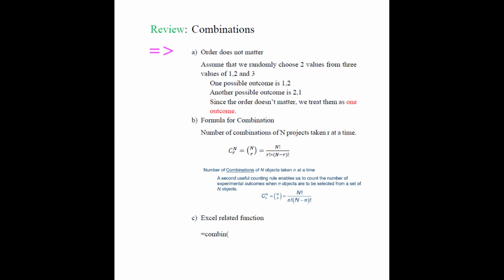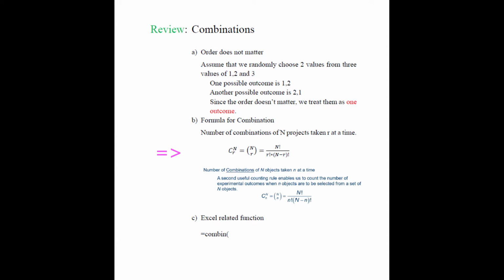One possible outcome is 1, 2. Another possible outcome is 2, 1. Because order does not matter, we treat 1, 2 and 2, 1 as the same choice.